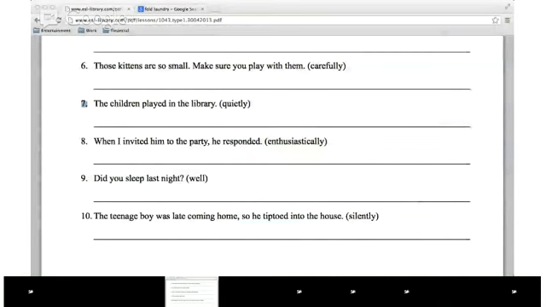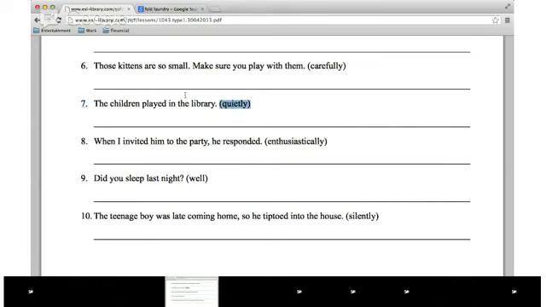Number 7 is for Jane. The children played quietly in the library. Okay, good. The children played quietly in the library. We can also say the children quietly played in the library, and we can say the children played in the library quietly.